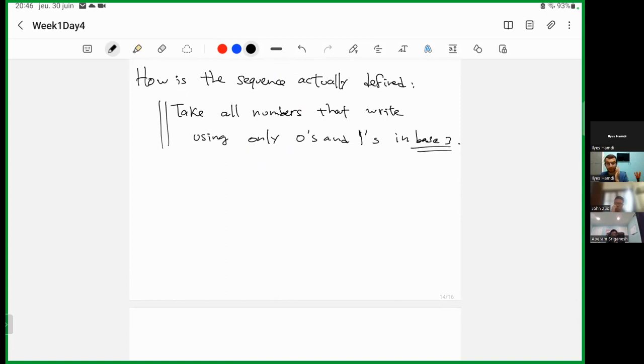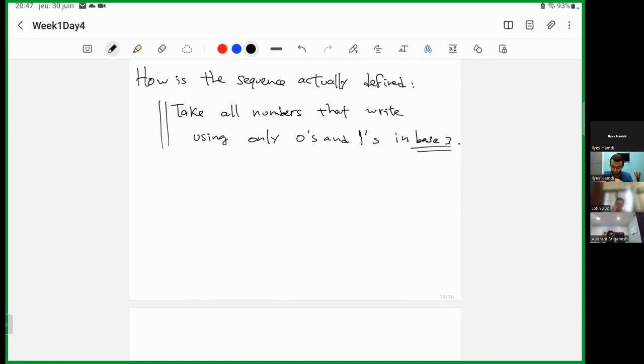Okay, now I still need to look. The question was to find the 100th term of the sequence. Now I know that it's actually binary because I only have zeros and ones. So now the question is, how should I find the 100th?